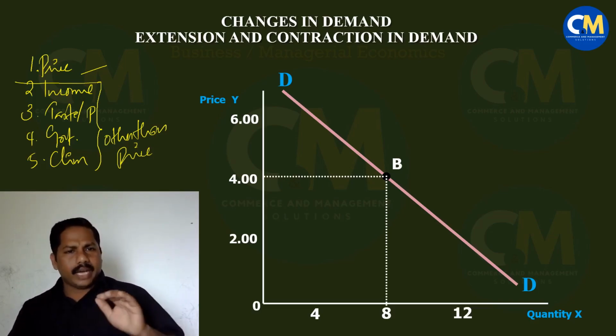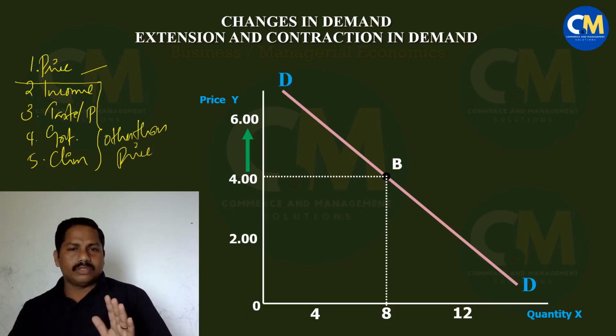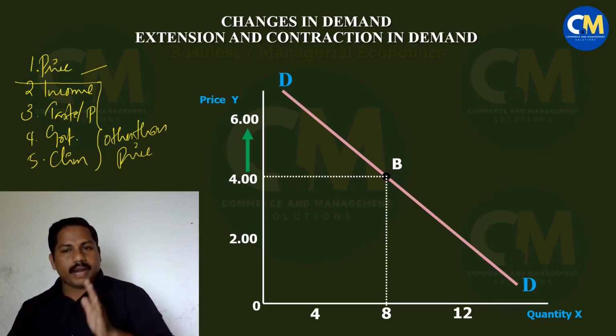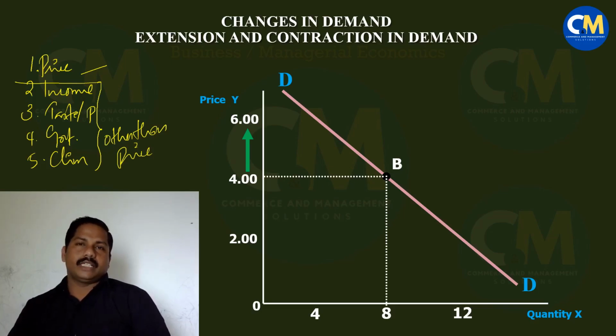Let us take the price changing from 4 to 6, with other factors remaining constant. What will happen to quantity demanded? Obviously, when price increases, quantity demanded will decrease.